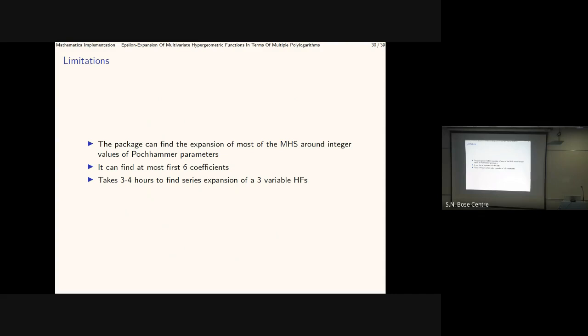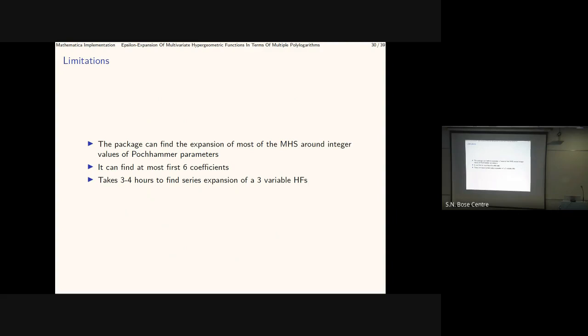The package can find the series expansion around integer values of the parameters, not half integers, because this would need a more complicated change of transformation at the Pfaffian system level. This has not been done in the dependent package Canonica, so we cannot do that.